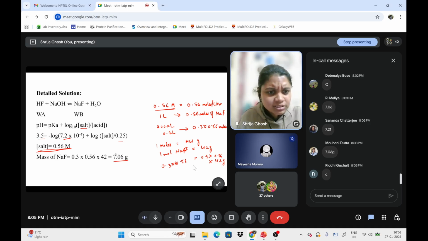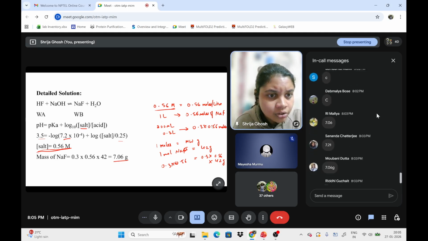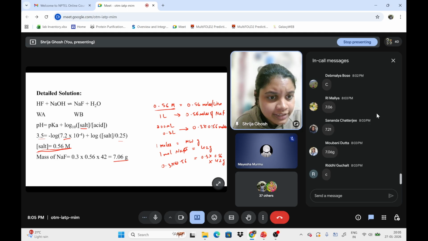I hope this is clear. Okay, there are 2 people who are getting 7.21. Can you check your calculation once or let me know how you are getting 7.21 so that I can identify your mistake and help you out? I hope I haven't done any calculation mistake.